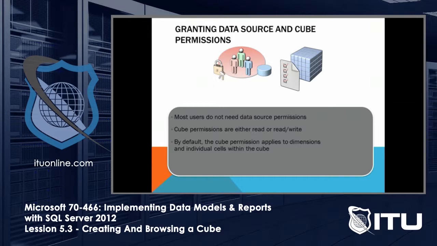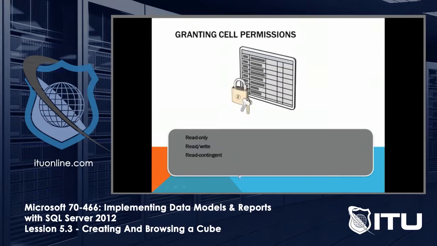Cube permissions are either read or read write, and by default, when you have a cube permission defined, all the dimensions and everything contained inside that object are also affected by those permissions. We can also create cells, and after we create cell permissions, we can then set what we want you to see after we create the cells. Read only, write, read contingent.